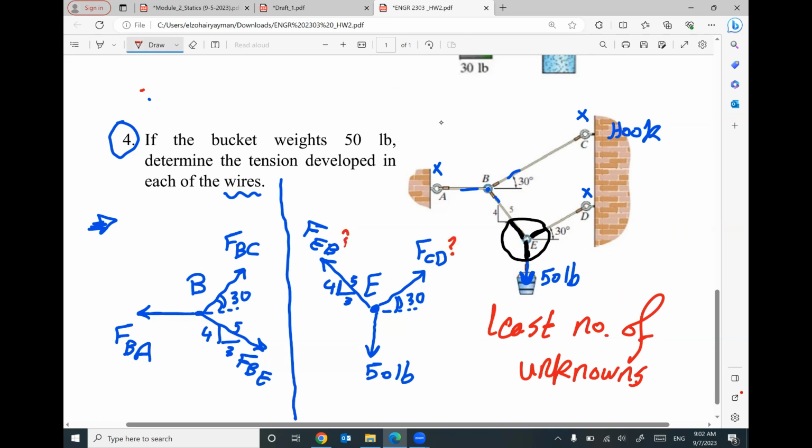This one is unknown. This one is known. So it looks like we have 2. For this one, at this moment, this one is unknown. This one is unknown. This one is still unknown. So we have 3 unknowns. So it looks like I will start with point E. I'm gonna start with point E.